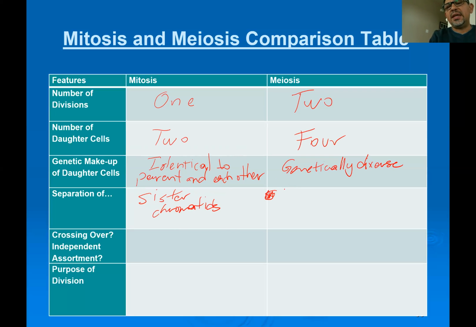In meiosis 1 it is going to be homologous chromosomes that separate. And this is in meiosis 1. And sister chromatids are eventually separated in meiosis 2.